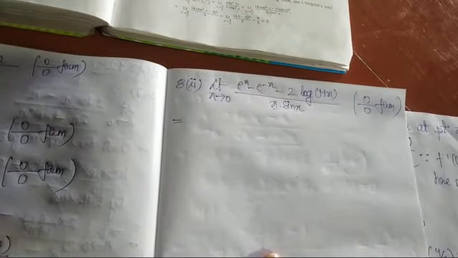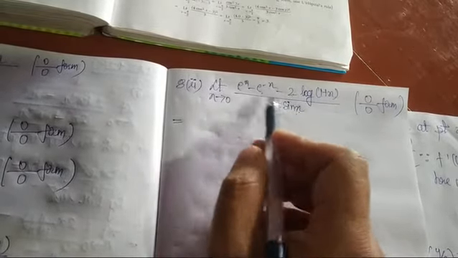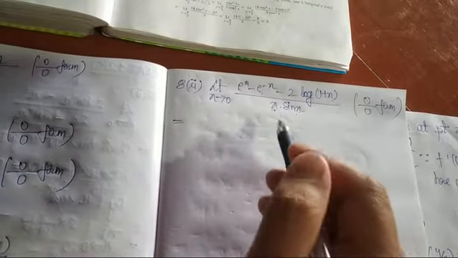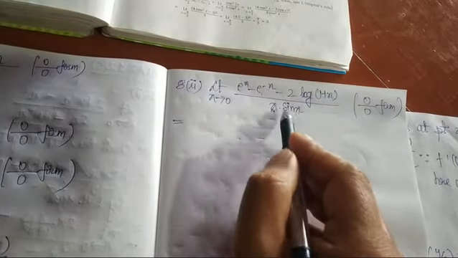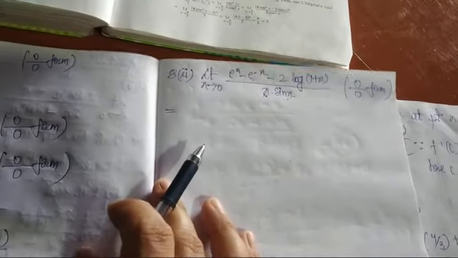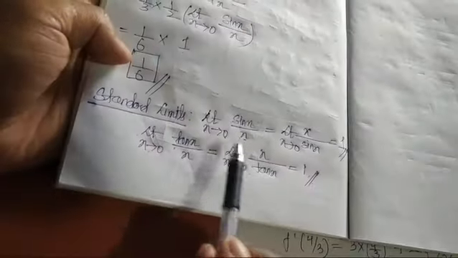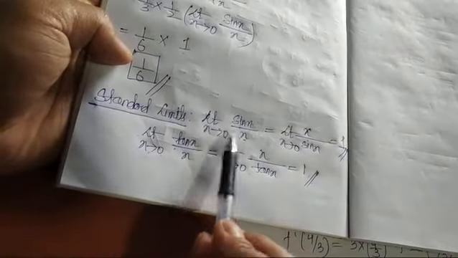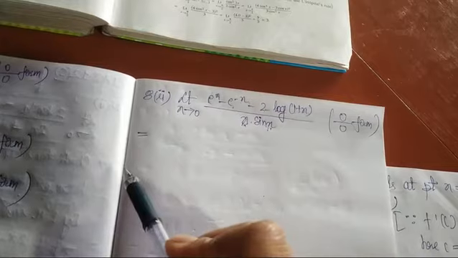But now the problem out here is in the denominator. Even though it's 0 by 0 form, I will not be using L'Hospital's rule directly, because the denominator is in product form, and when I differentiate it, there will be a long expression. To get rid of that, we have just learned the standard limits, limit x tends to 0 of sin x by x, or x by sin x, and here I can see x and sin x, so we'll try to make it in the form of standard limits.